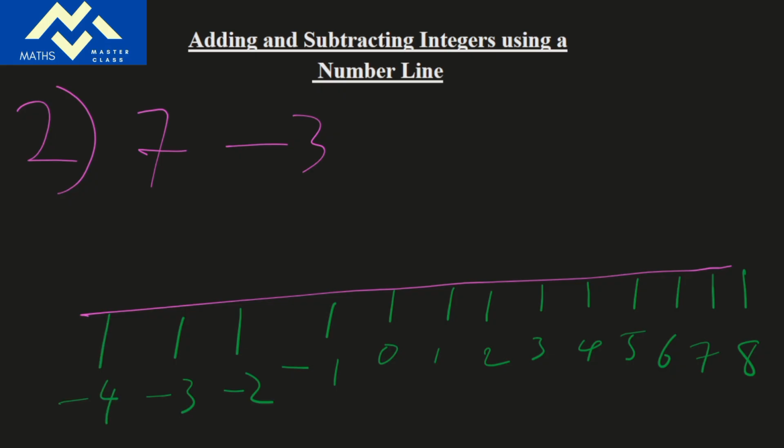Start at 7. Since we are subtracting 3, move 3 steps to the left. We land on 4. So 7 minus 3 is 4.